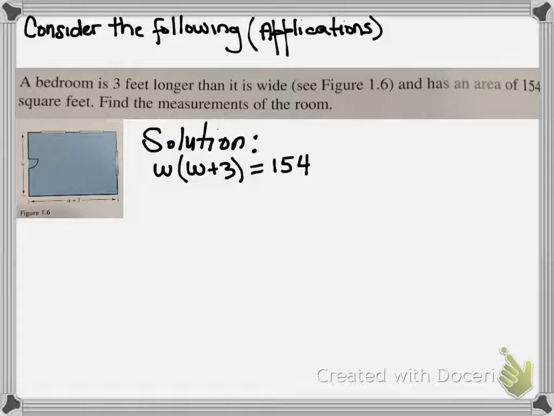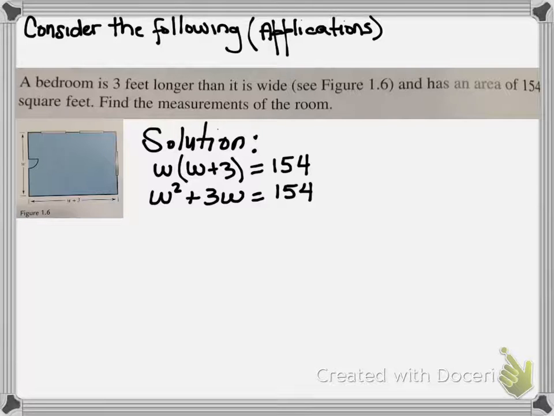From there, we apply the distributive property, and we have W squared plus 3W equals 154. But to find that W by itself, we must set that equation equal to 0. In order to solve a quadratic equation, we must set the equation equal to 0.